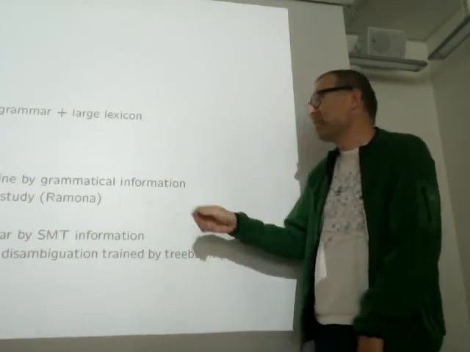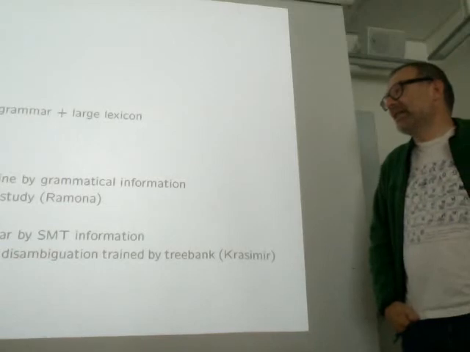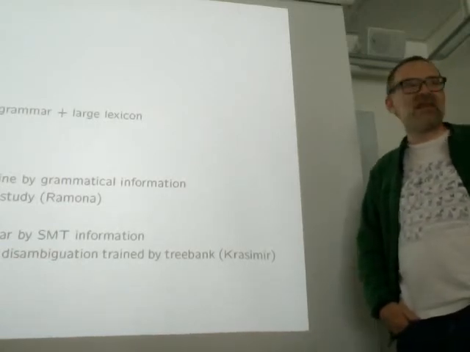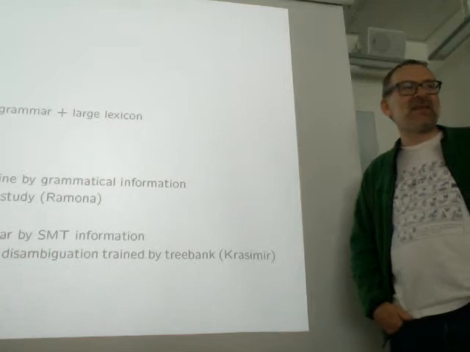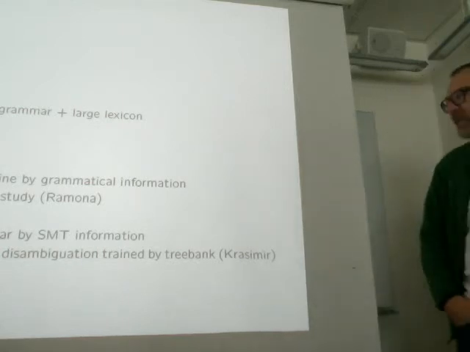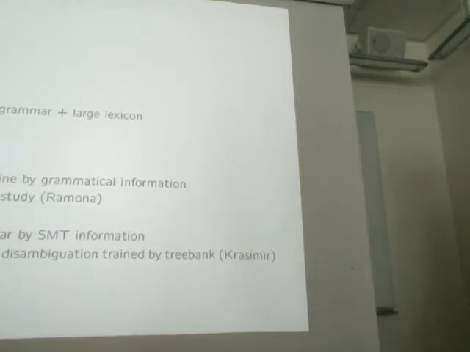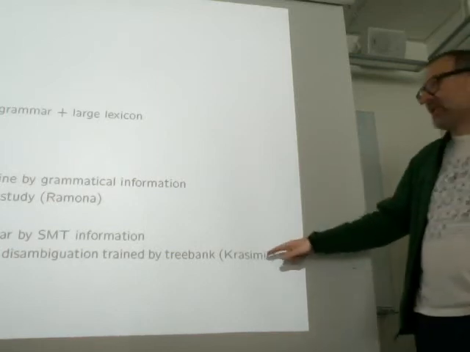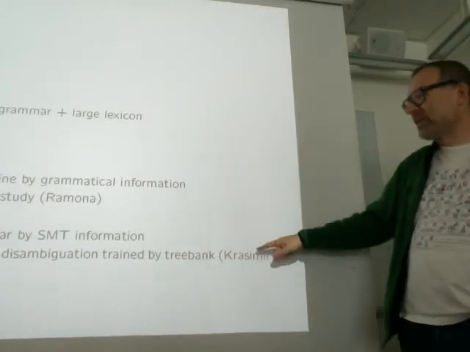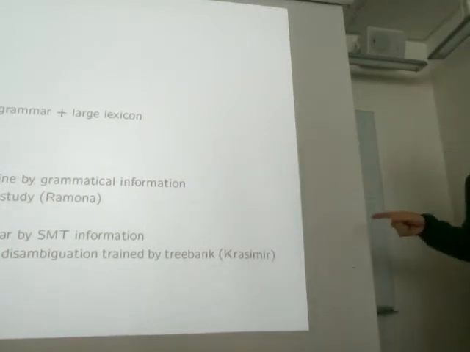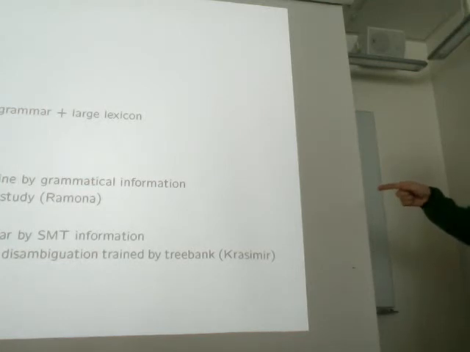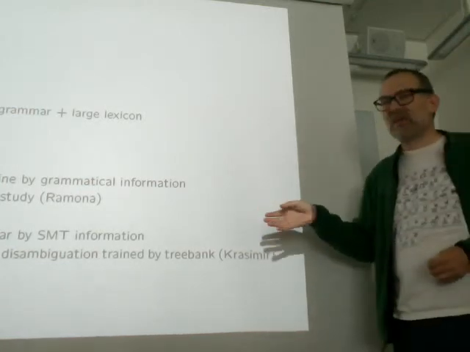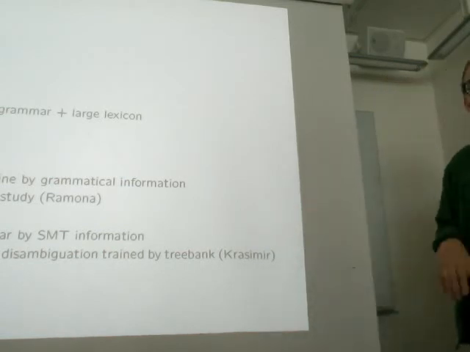So one is to improve an SMT baseline by grammatical information. Christina and Ramona have worked on that, and I think Ramona will show this. And then in the other direction, we have the pure grammar, but we improve it by statistical information, in this case not really SMT, but probabilities from a tree bank.